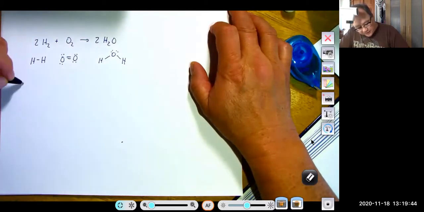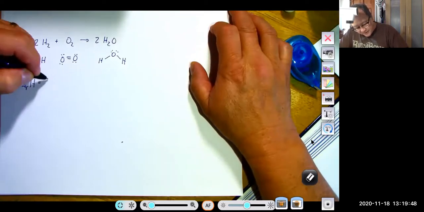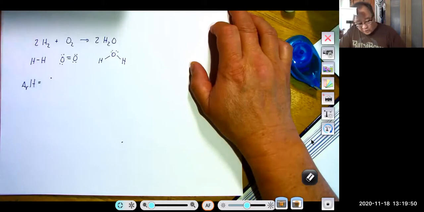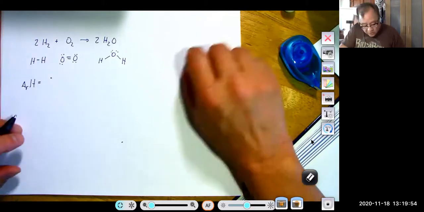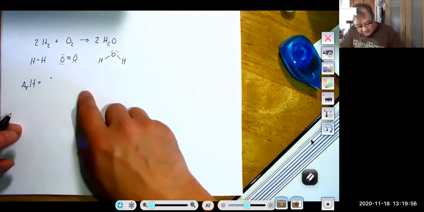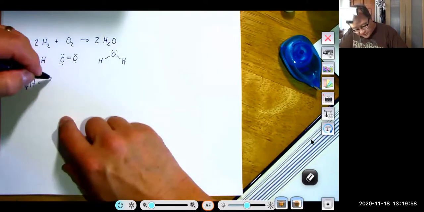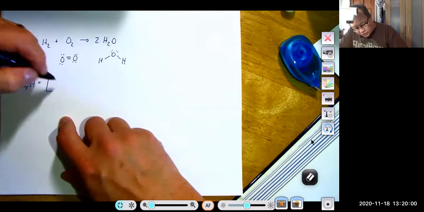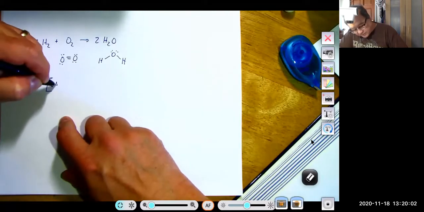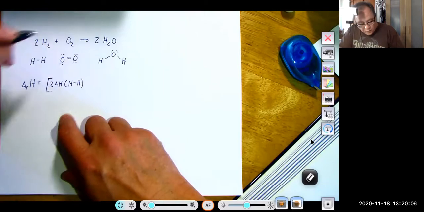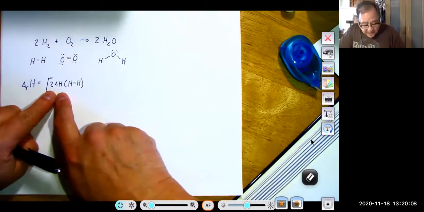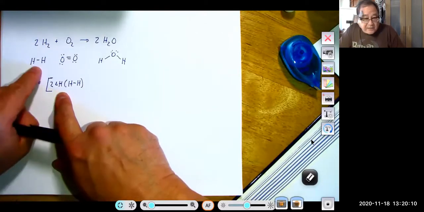So when we do the enthalpy of the reaction, we want to look at the bonds formed versus the bonds broken. So we need to break these up. So we put energy in. You would have 2 hydrogen-hydrogen bonds. Why do I have 2 hydrogen-hydrogen bonds when here there's only 1?